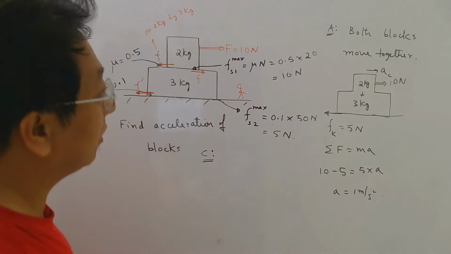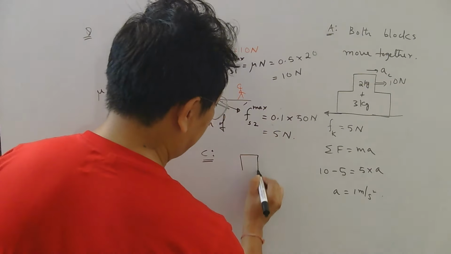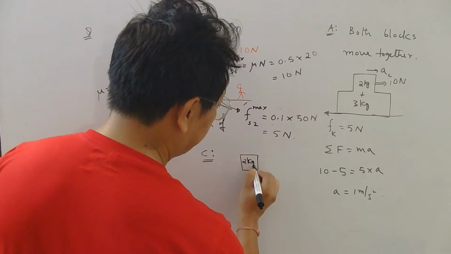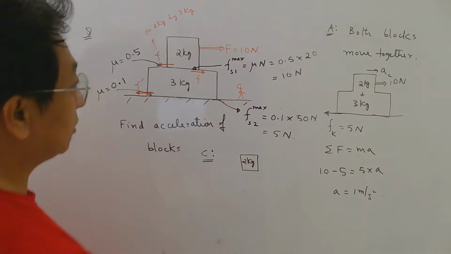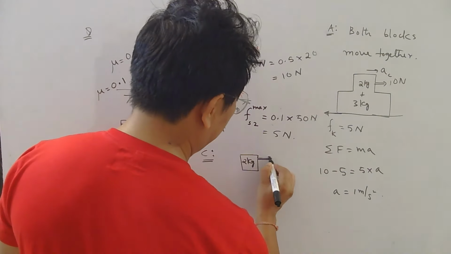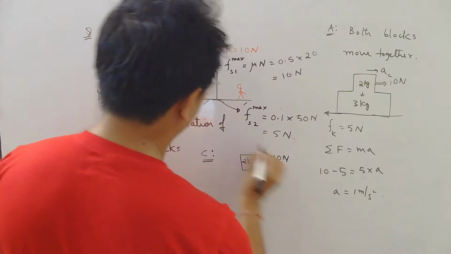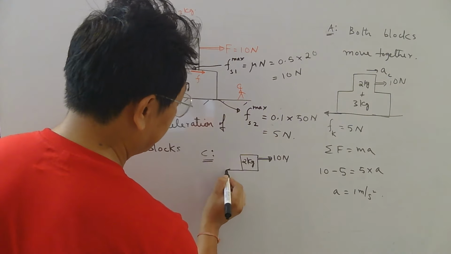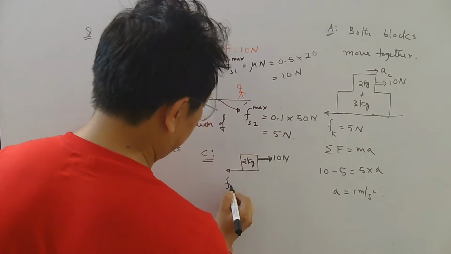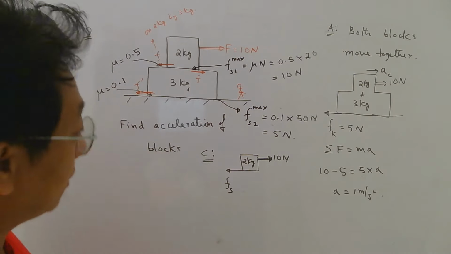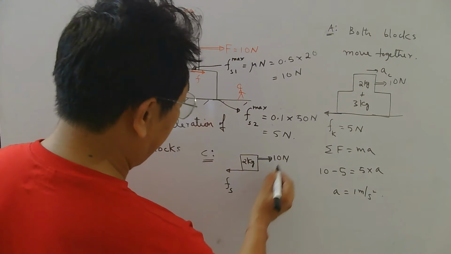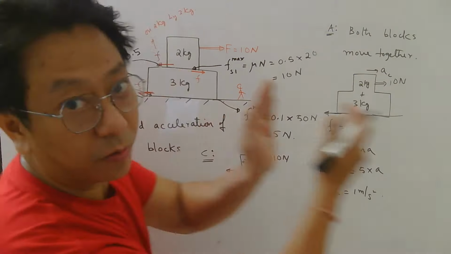Now to check that, let me take 2 kg as the system. What are the forces on 2 kg? Here 10 Newton. Here friction F. In my assumption it should be static. And don't balance these two, because both are moving from the ground frame.